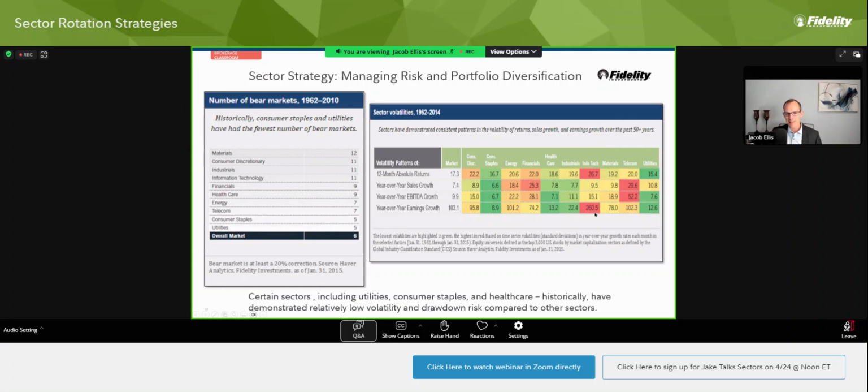growth varying by as much as 260%. Whereas consumer staples and utilities were nearly 10%. In other words, if you were going to try and say that information technology's earnings have grown at a clip of 30% per year, that's great.